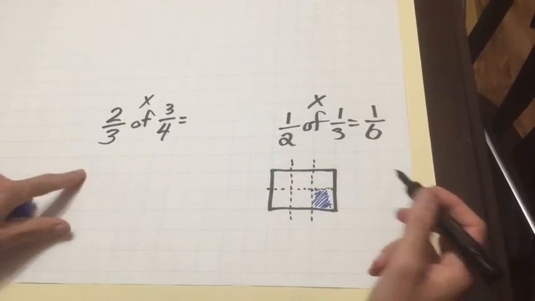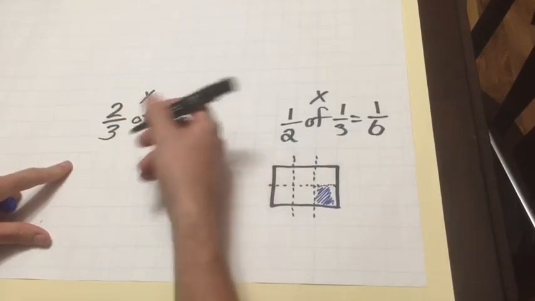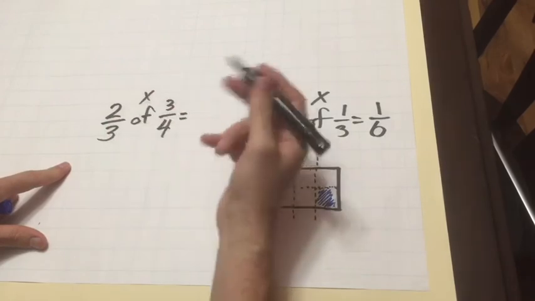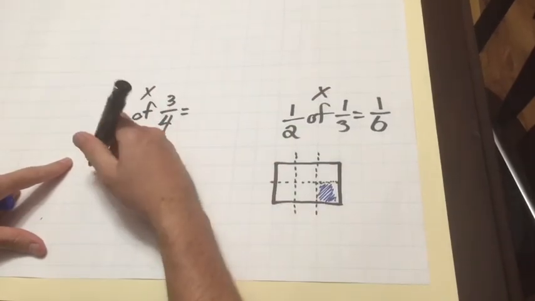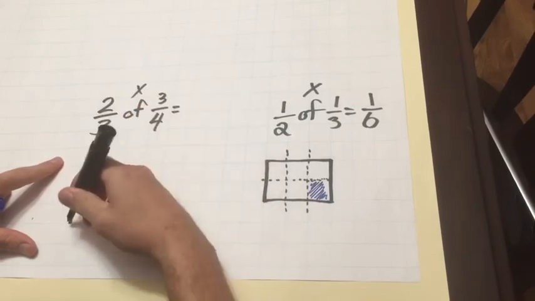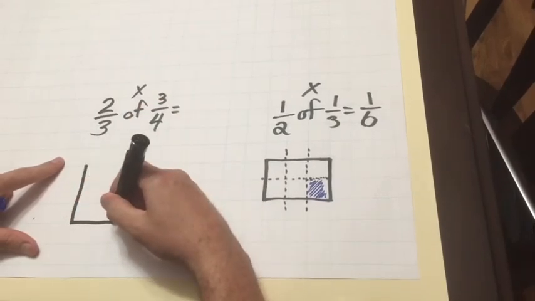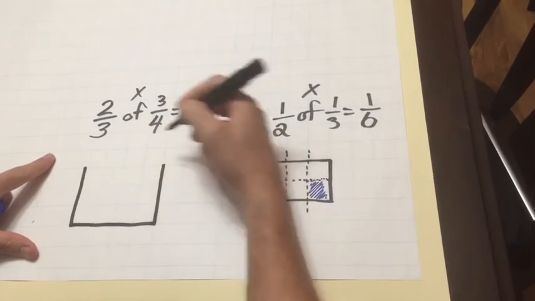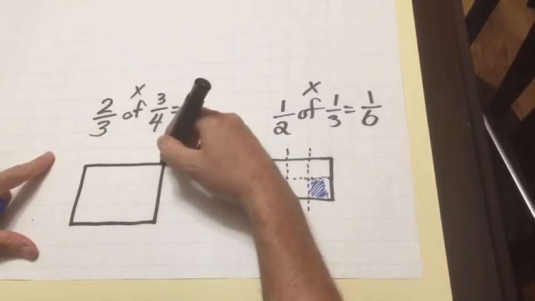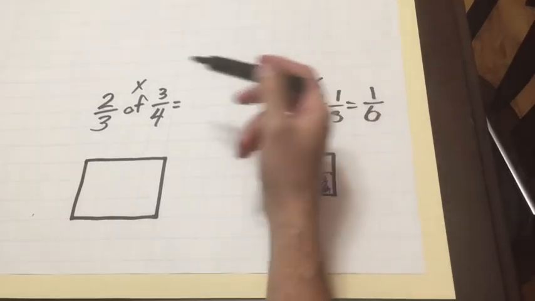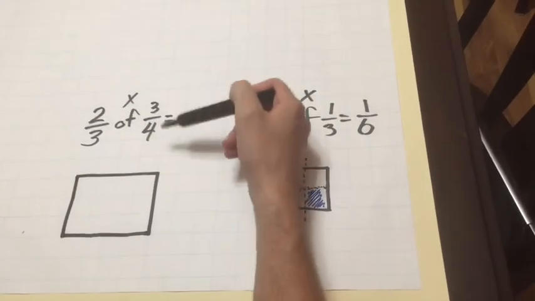So in this case, I need one dimension to be 3, length 3, and the width 4. So let's do this. I'll go 1, 2, 3, and that means I've got to go 4 across. 1, 2, 3, 4. Now I just complete the rectangle like that. Beautiful. So what we're looking for is 2/3 of 3/4.